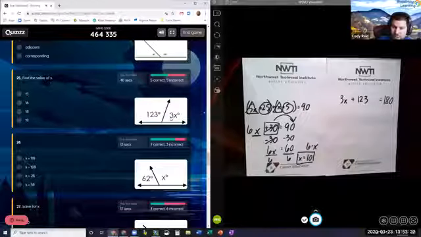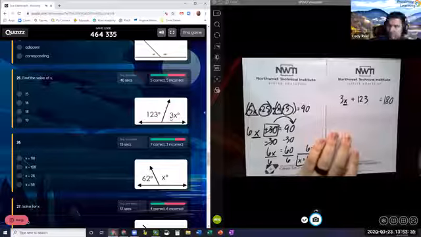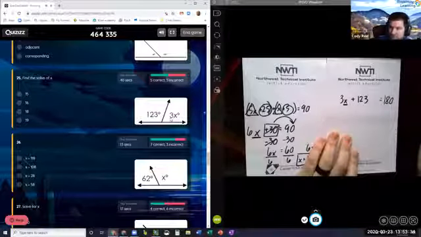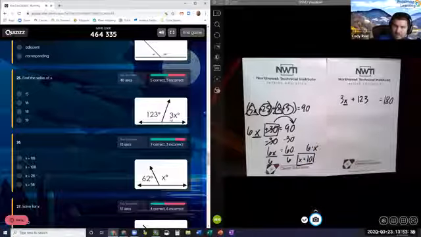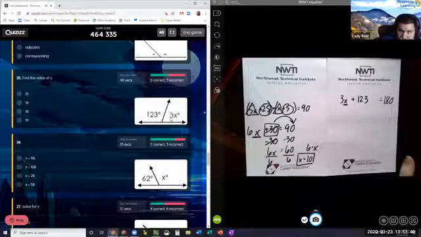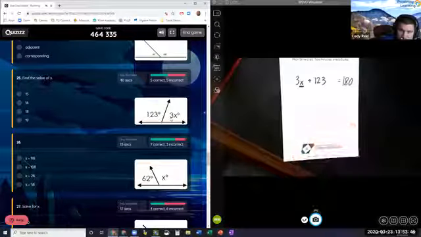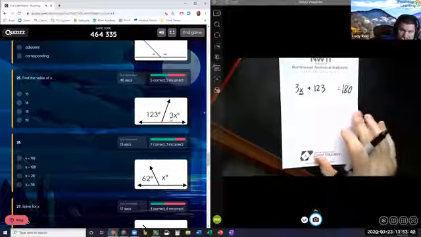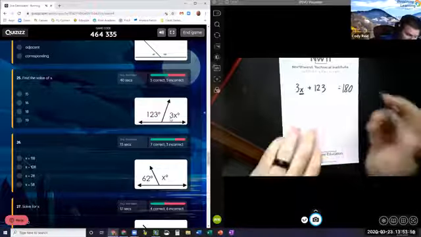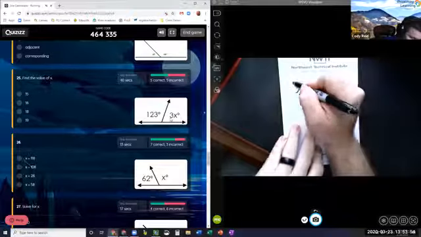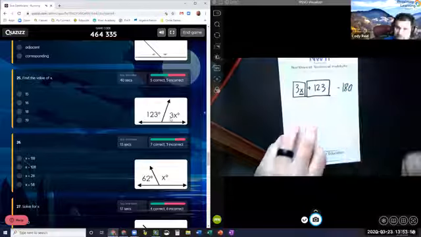What's the first thing we're going to do? If we are solving for x, we need to get x by himself. Are we going to mess with 3x first, or are we going to mess with 123 first?